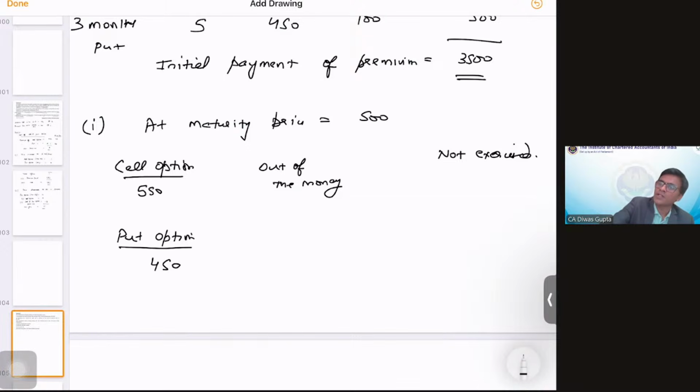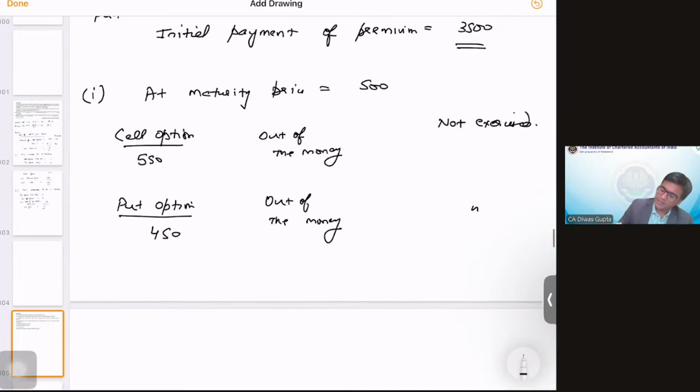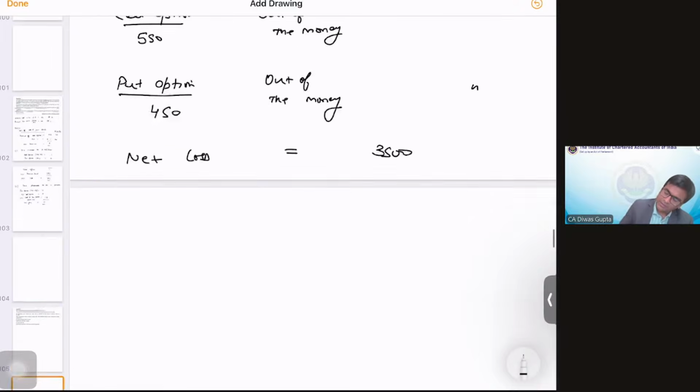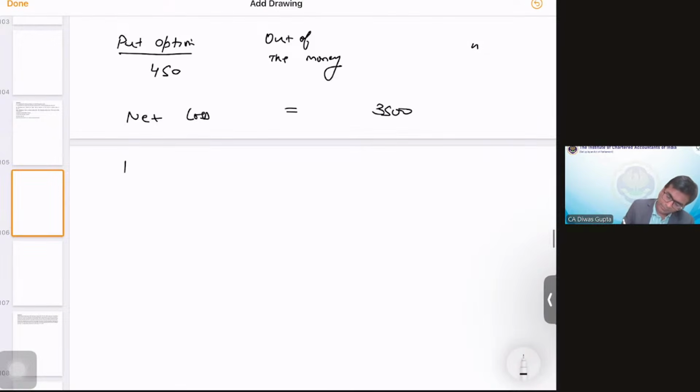So this is out of the money, and hence not exercised. So the net loss here will be equivalent to the premium that we have paid, 3500. That will be the net loss.